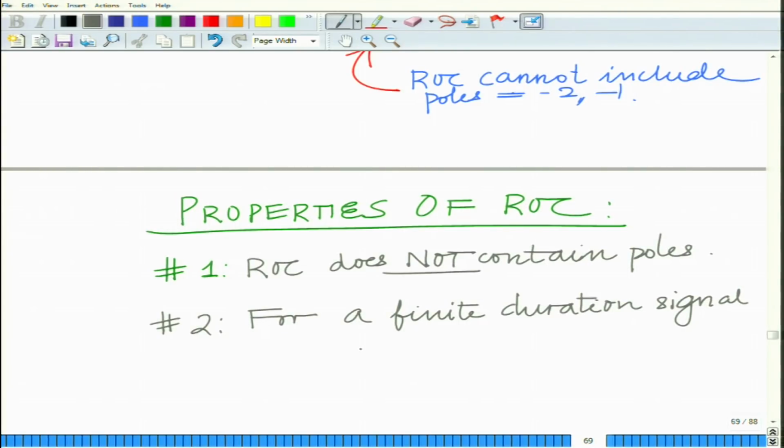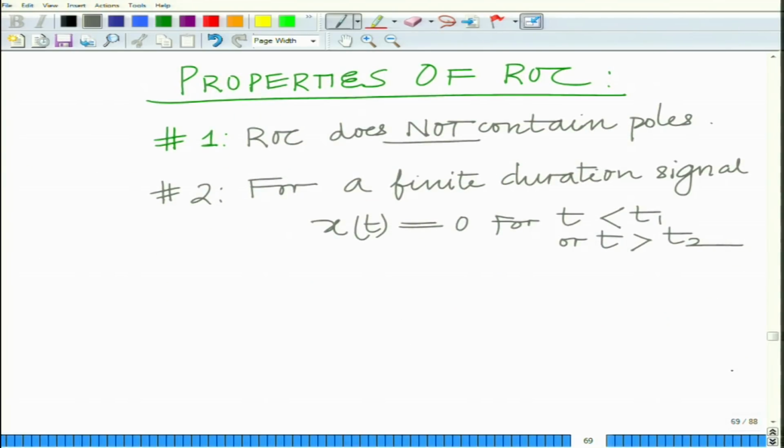For a finite duration signal, that is x(t) equal to 0 for t less than t1 or t greater than t2, the signal is non-zero only in the interval t1 to t2. Okay, it is a finite duration signal. For such signals, the ROC is typically the entire S plane.